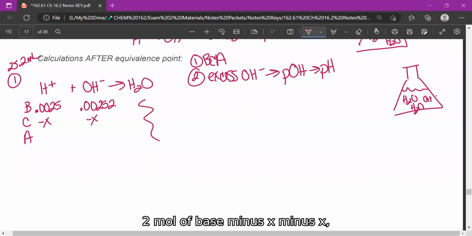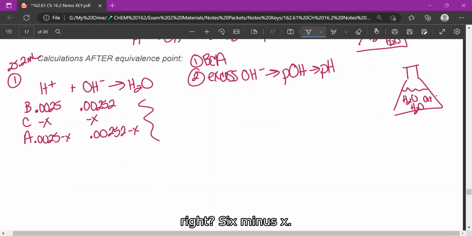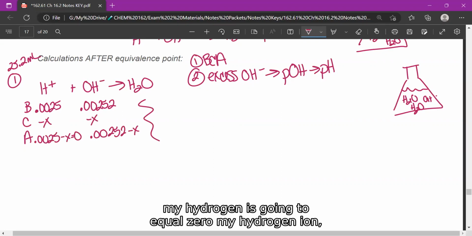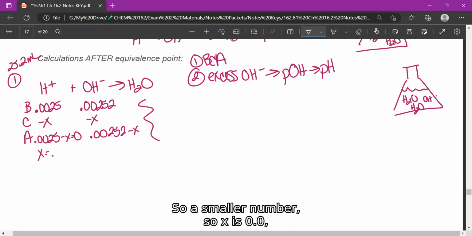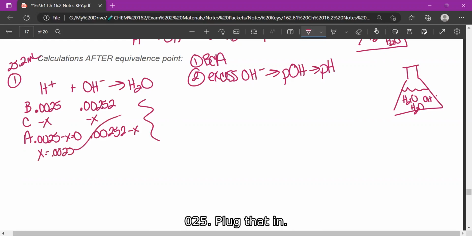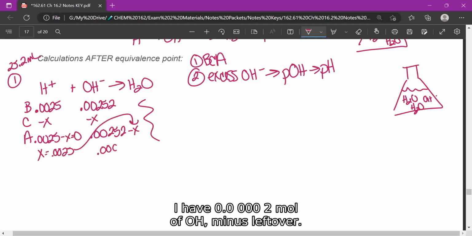Minus X, minus X, minus X, minus X. Now this time, my hydrogen ion is going to equal 0, because I've completely neutralized it all. It's also a smaller number, so X is 0.0025. Plug that in, I have 0.00002 moles of OH minus left over.